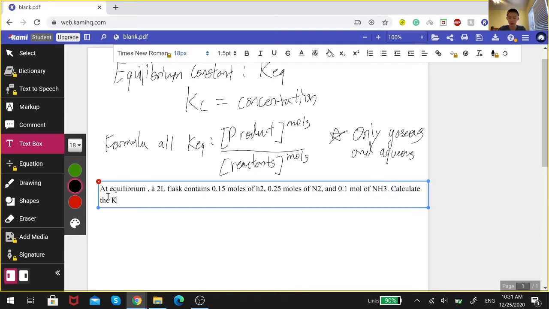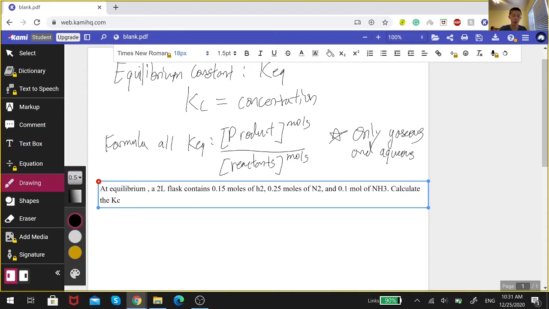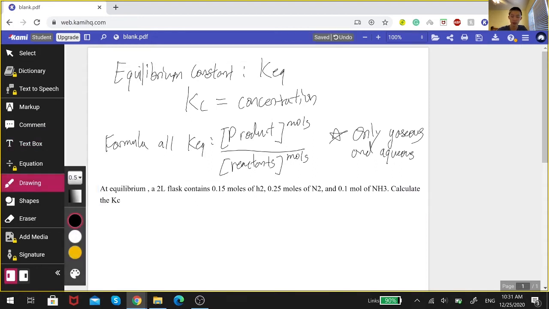Calculate the Kc. We're going to do that using our formula. First, let's write the equation down. N2 gas plus H2 gas forms NH3. Here we need 2 of this and 3 of this. Now this is a balanced equation.